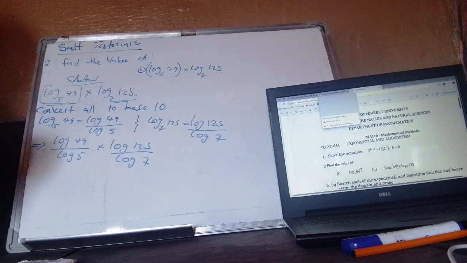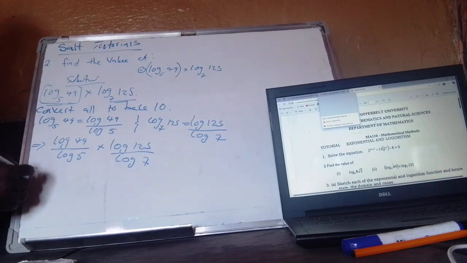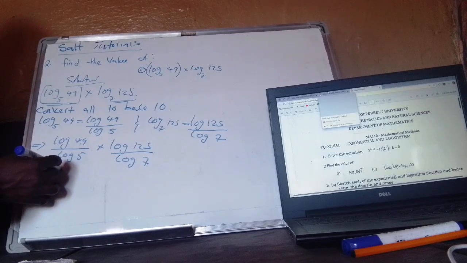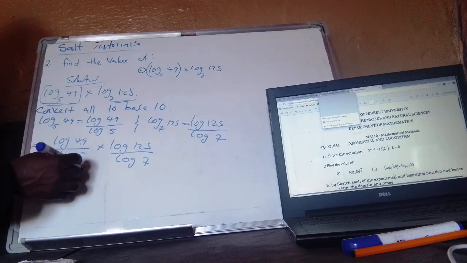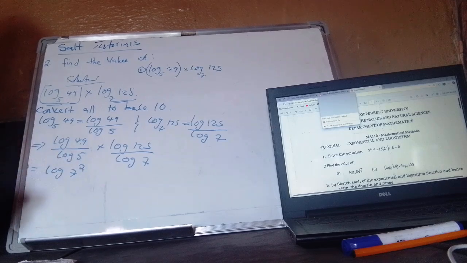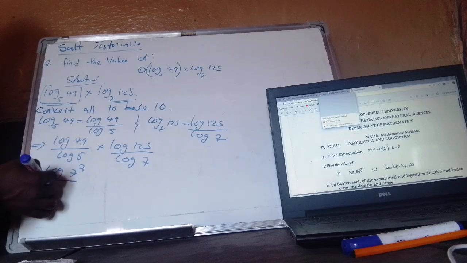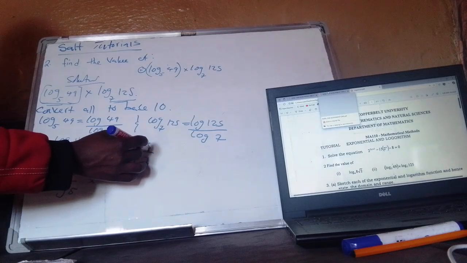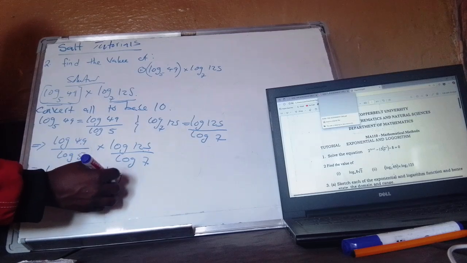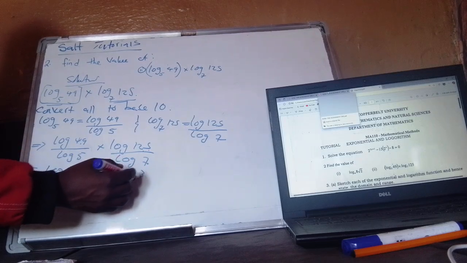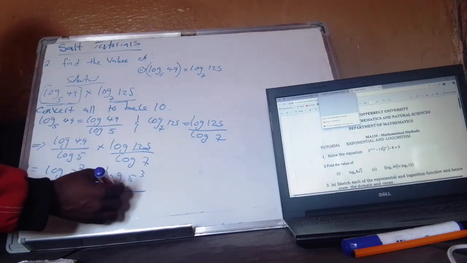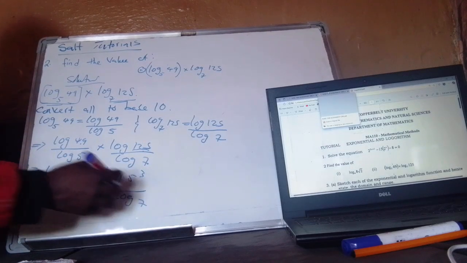Let's simplify everything. This implies that the 49 can be written in the form of log 7 squared, we know that will give us 49, over log 5, multiplied by 125 can be written as log of 5 power 3, we know that this is 125, over log 7.